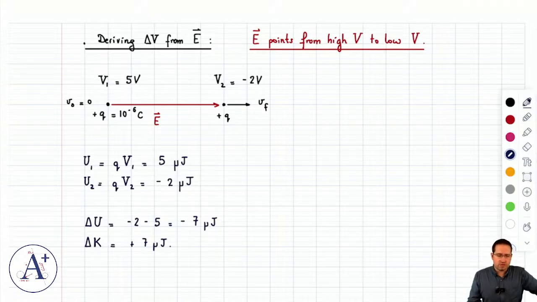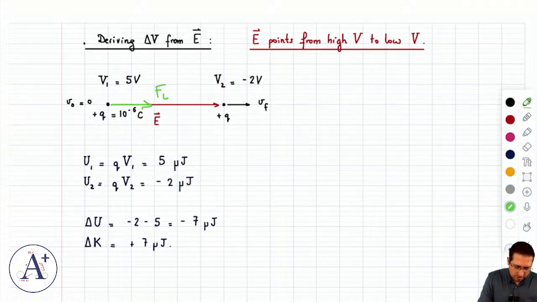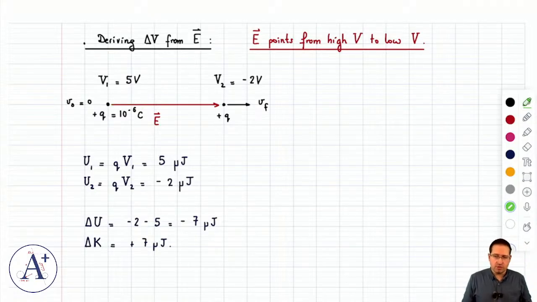For the same reason I could apply conservation of energy in mechanics if I only had the spring force or the weight force doing work, when it comes to electrostatics, I can apply conservation of mechanical energy as long as the only force driving the motion is the electric force. And here the only force doing work is the electric force. It's going to pull Q from left to right and give it a speed V final by the time it reaches the right end. And it's a conservative force, so conservation of energy applies.